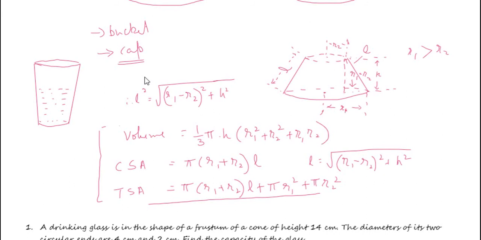Now we know what a frustum of a cone is, and we know how to calculate the volume of a frustum of a cone and also the CSA and TSA. Then let us start solving some problems.